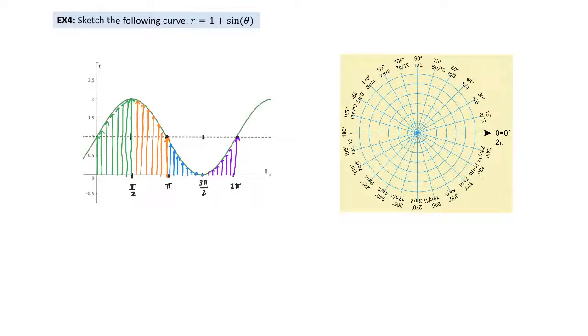So let's analyze the green section first. When theta is equal to 0, r is 1. So we are starting already with length 1. Then those lengths are getting larger and larger and larger. And exactly when theta is equal to pi over 2, r is twice as much. R is 2.